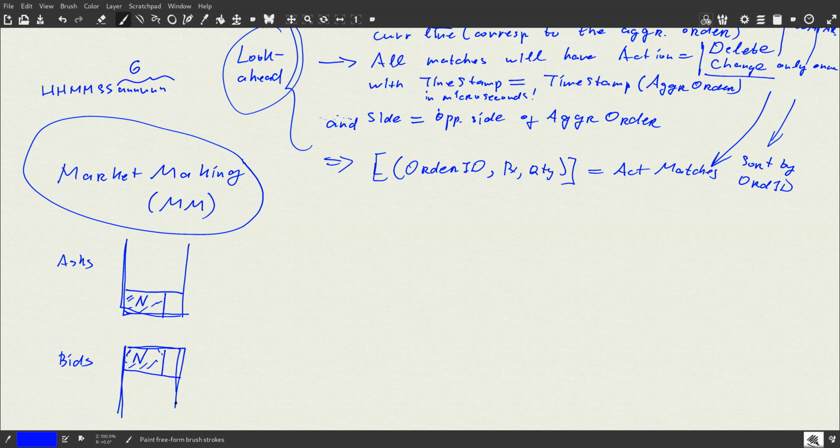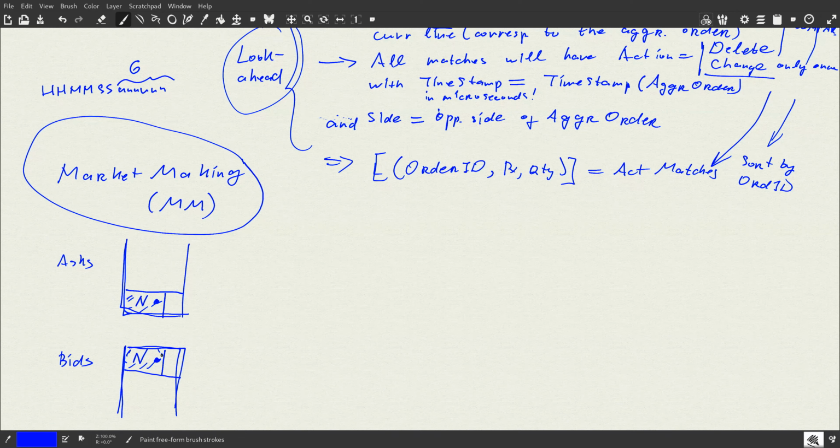It is us, the MM, who placed these orders into the order book. What do we want actually, to buy or to sell? The answer is both.